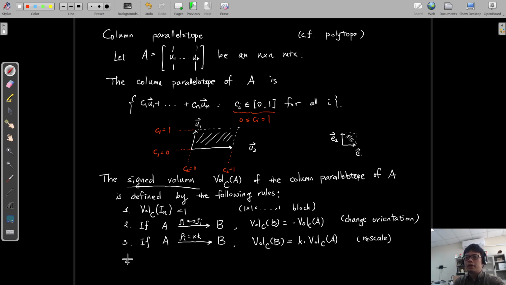The last one, if I start with A and then perform the row operation row i equals row i plus k times row j, then it is a slanting, and the volume does not change.